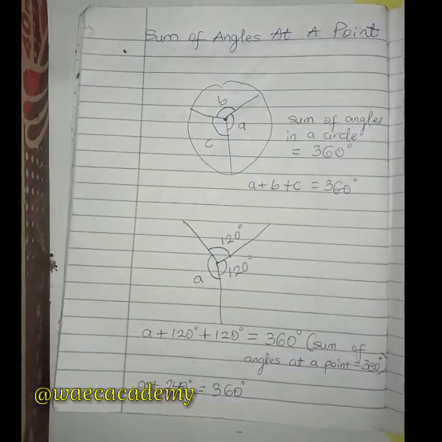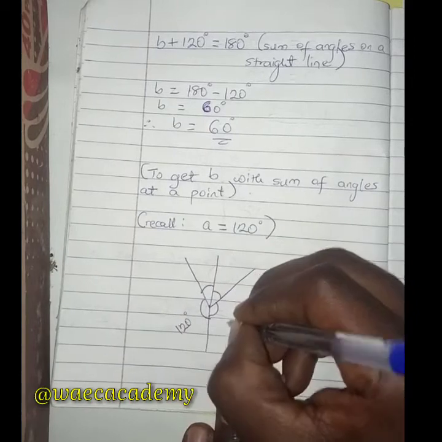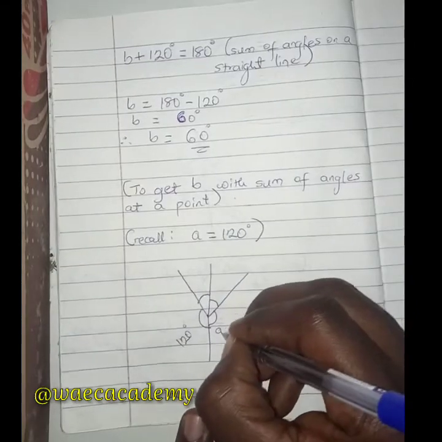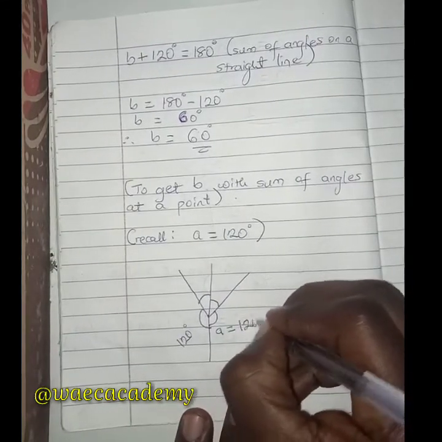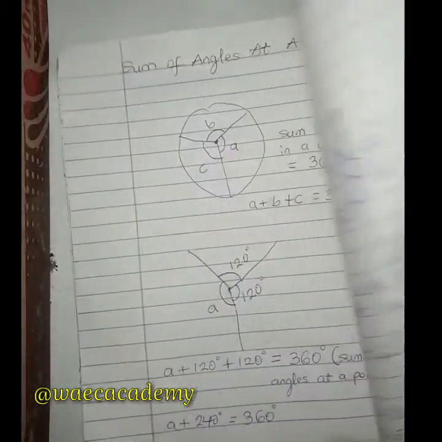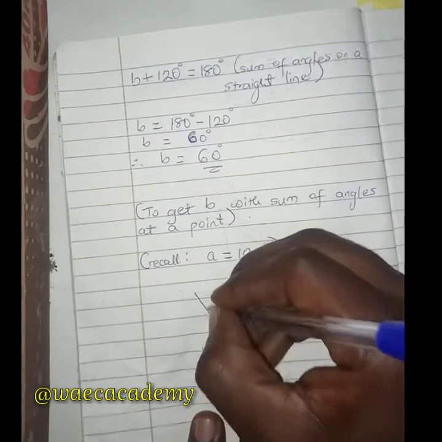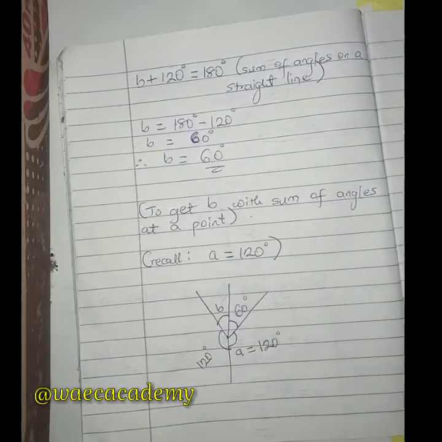We have A here, which is now equal to 120 degrees also. In the question, here is 60 degrees, and here is B that we don't know.